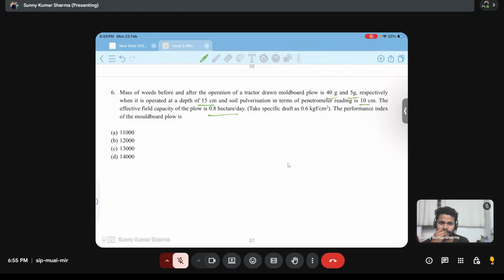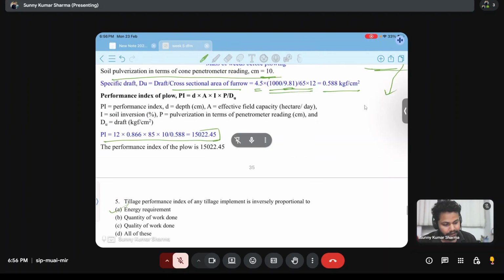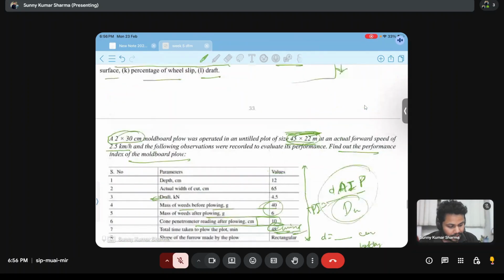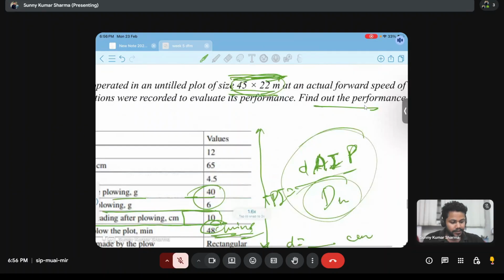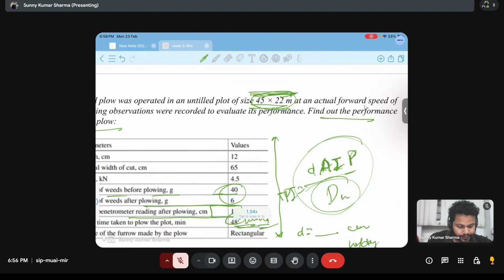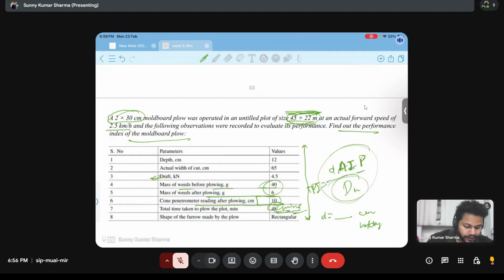So actually, for calculating the draft, can we take this depth into the soil penetrometer reading? This is P, I think, d into P, this is the penetrometer reading. d into P by draft.